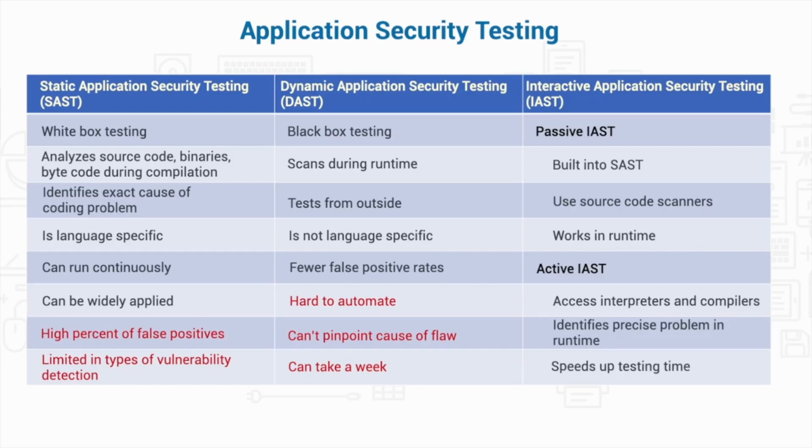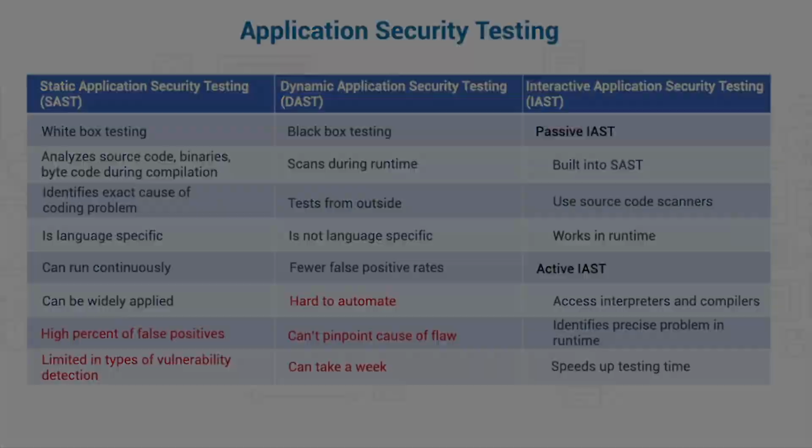This speeds up the testing and remediation process. The combination of passive and active IAST can help us in the development stage by catching vulnerabilities early, in the QA stage by adding automated security checkpoints, and in the production stage through continuous monitoring.